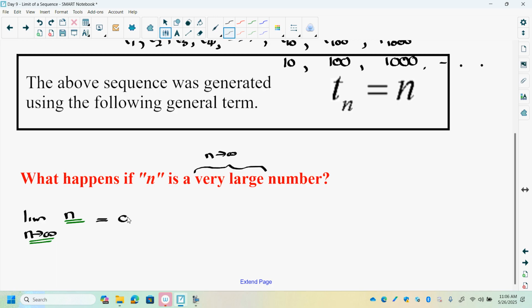I don't get infinity over infinity or negative infinity over positive infinity. I end up with just infinity. And what that means is the limit does not exist.